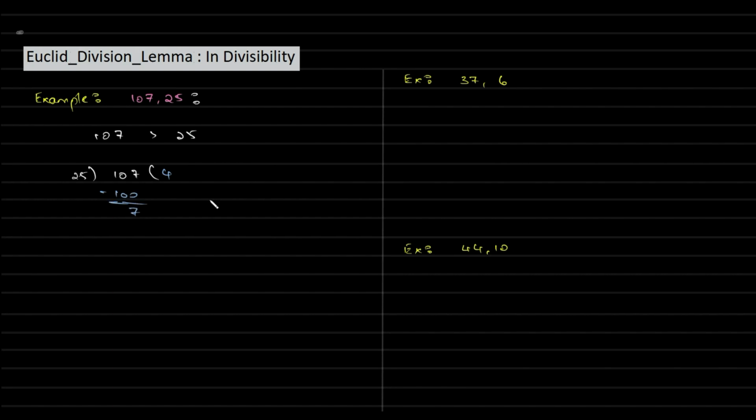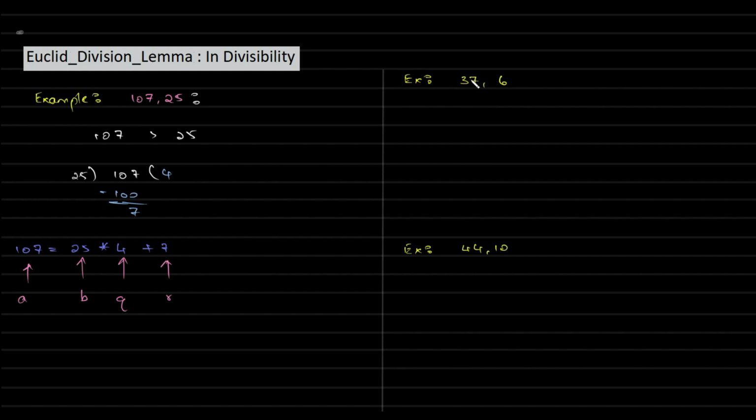So I can write 107 as 25 into the quotient plus the remainder, is it not? So a random number can be written as another random number into quotient plus the remainder. So A, B, Q and R. These are the variables that we will use.